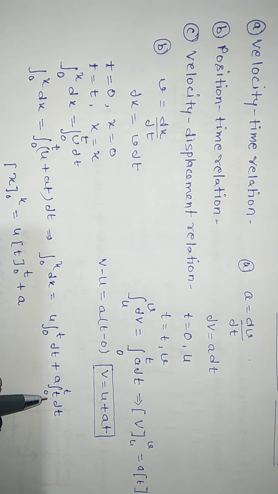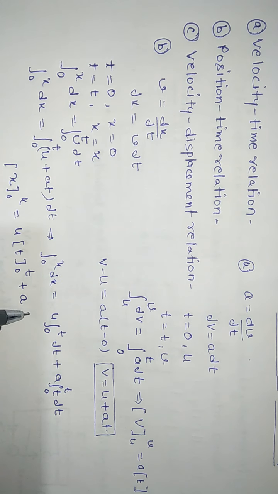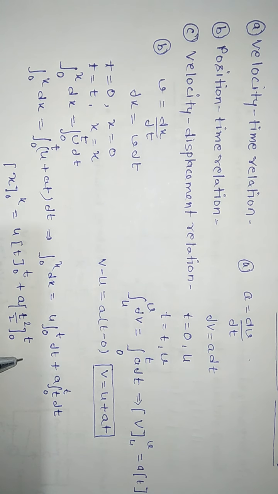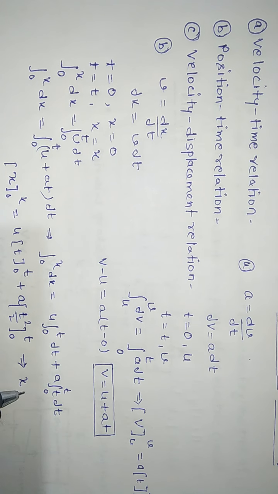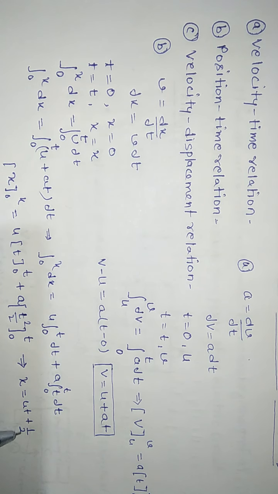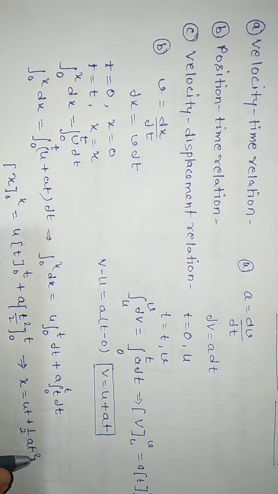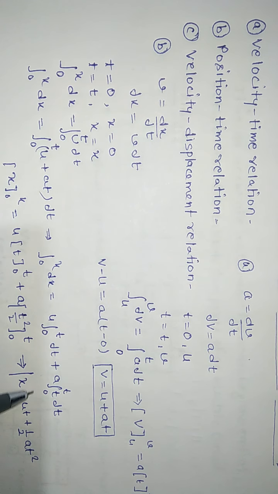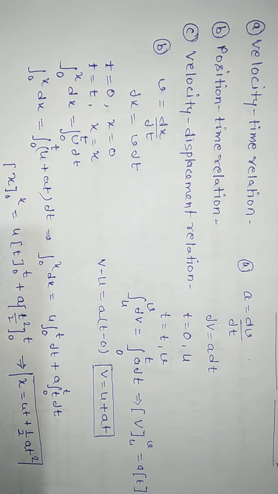The integration of t dt will be t square upon 2 and the limits is 0 to t. This will give x is equals to ut plus half at square, and this is second equation of motion.